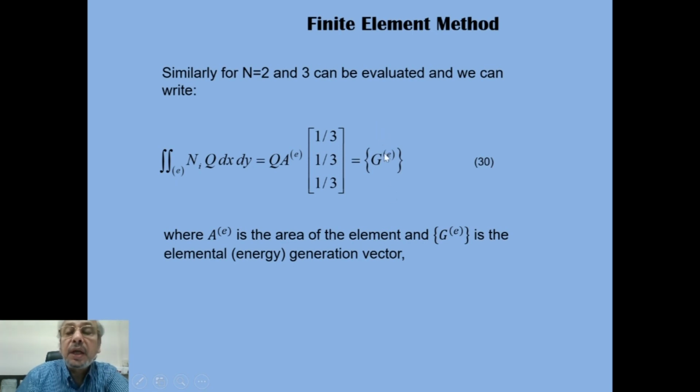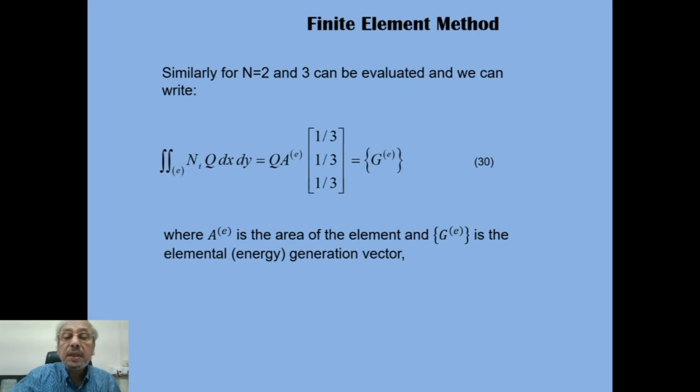That means we'll have 3 rows but a single column, a column vector, and A is the area of the element, and GE is the elemental generation vector, or here we can say it is the heat generation vector. So this is the elemental heat generation or elemental generation vector, that is equation 30.